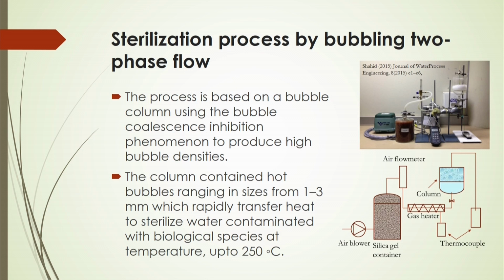The column contains hot bubbles ranging in size from 1 to 3 millimeter, which rapidly transfer heat to sterilize water contaminated with biological species at temperatures up to 250 degrees centigrade.